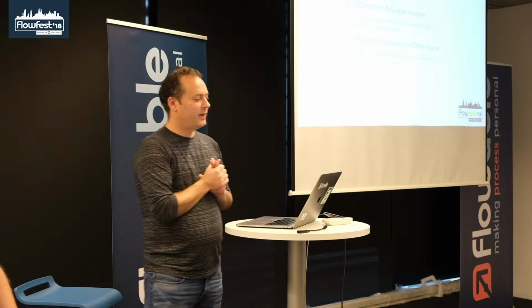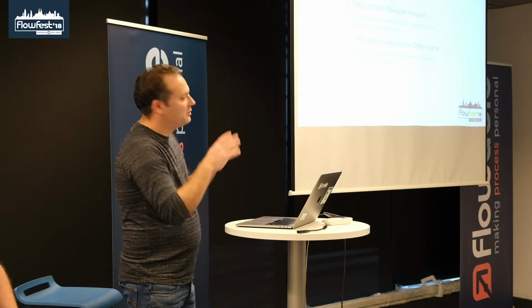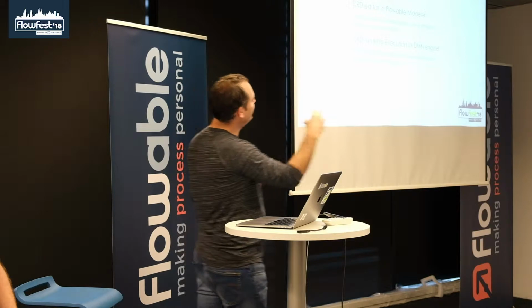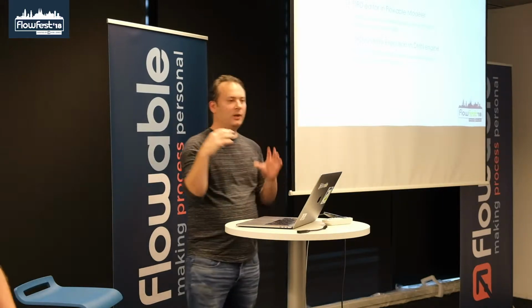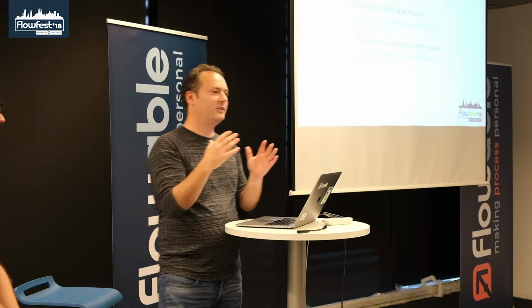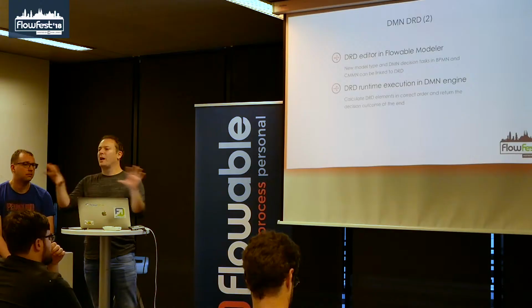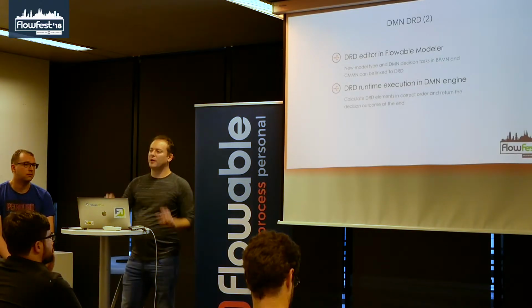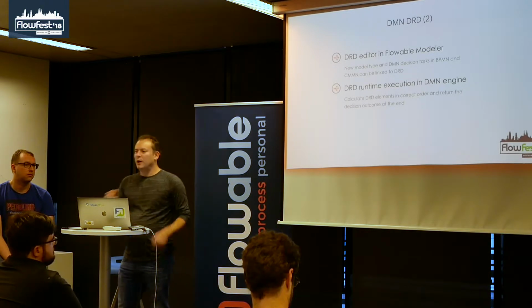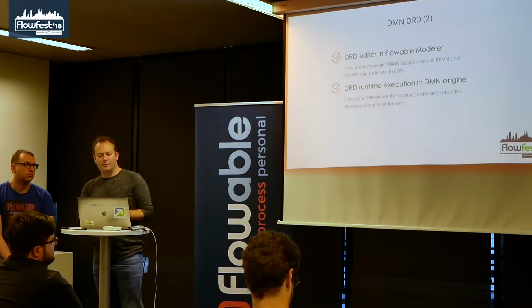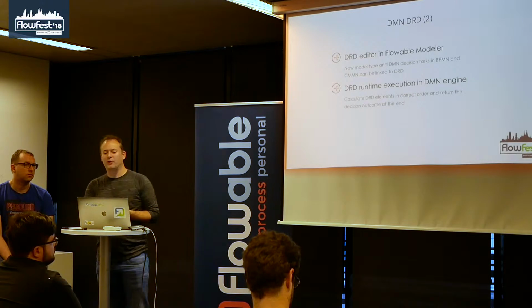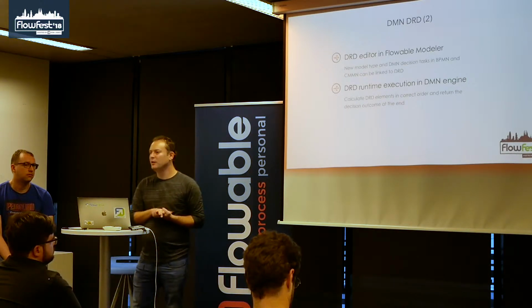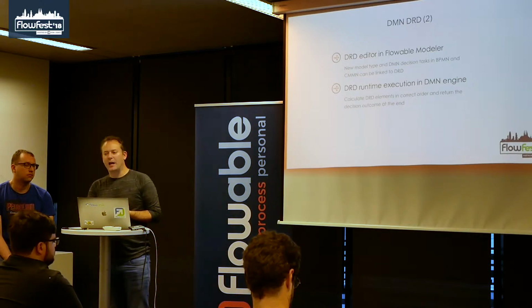It looks a bit similar to BPMN, but it's more like a tree of elements, because in the end you want to calculate a certain outcome, which is typically done by a certain decision table, and you have other elements as inputs for that decision table. And in addition to that, there's of course also a DRD runtime execution in the DMN engine, which we will also be adding.